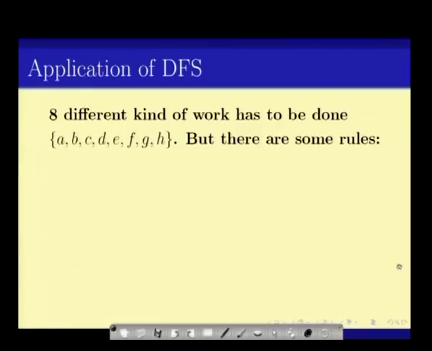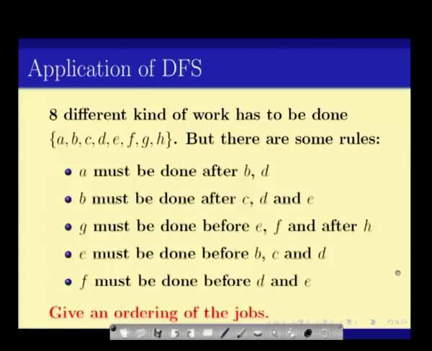So, there are various kinds of ordering that one can think of, as long as they maintain the structure or the rules. Here I have just given some set of rules, an abstract way of representing this problem.